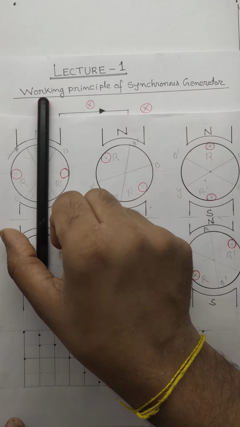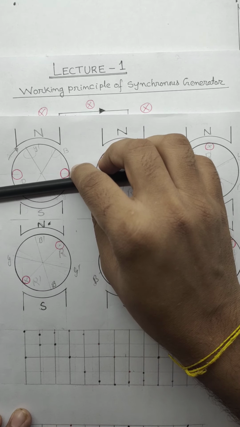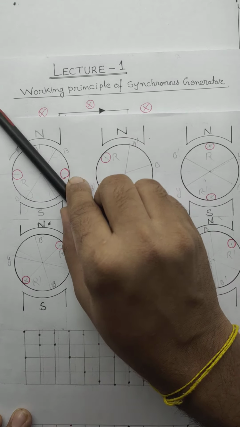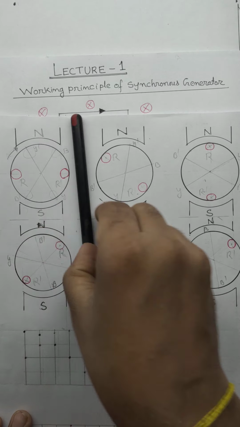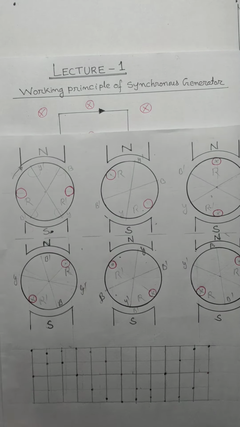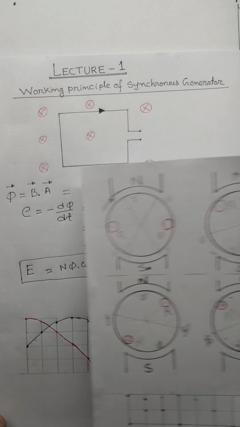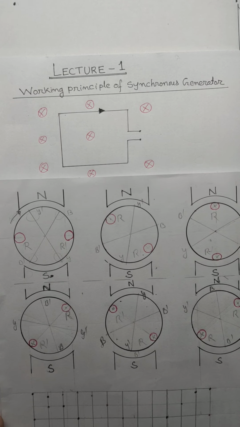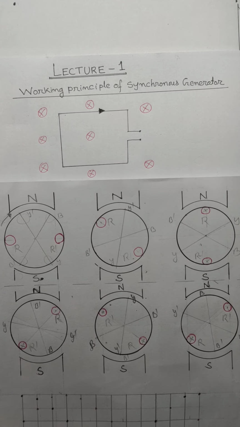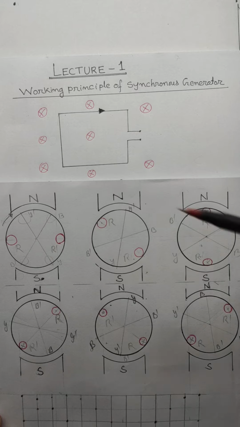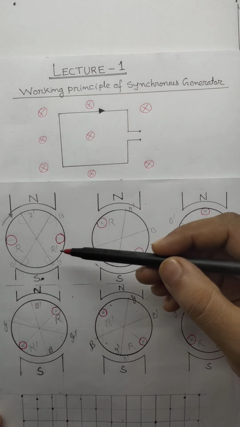I find it a bit difficult to realize that the flux linkage with the conductor is changing. So just to give you a clear picture, I have gone to class 12th and explained it. The same thing happens here. The phenomenon is happening in 3D, so it is not possible to draw the whole picture in a single diagram. So this is one view and this is another view.